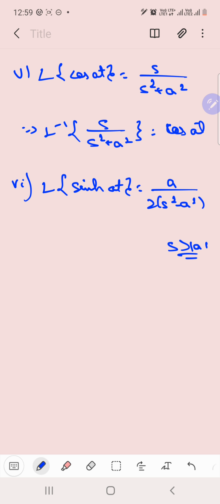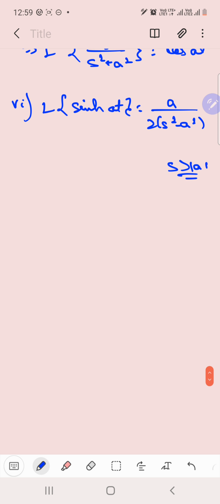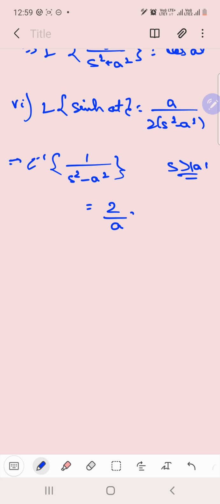You can write it either way. So the inverse Laplace transform of 1 over s square minus a square becomes 1 over a sine hyperbolic at.